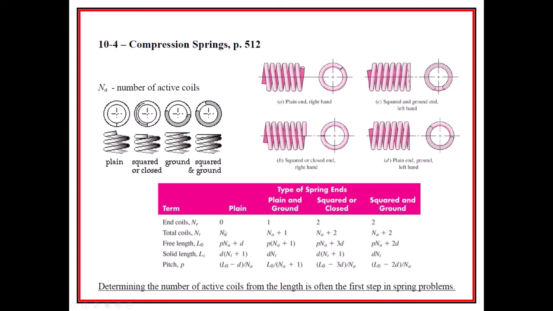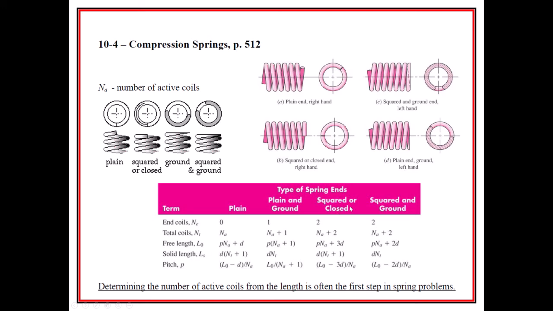What was useful to us is that the number of end coils is determined by that. Plain doesn't have any end coils. But plain and ground right here, you could consider that to essentially be one end coil, and we'll talk about what end coil means here.